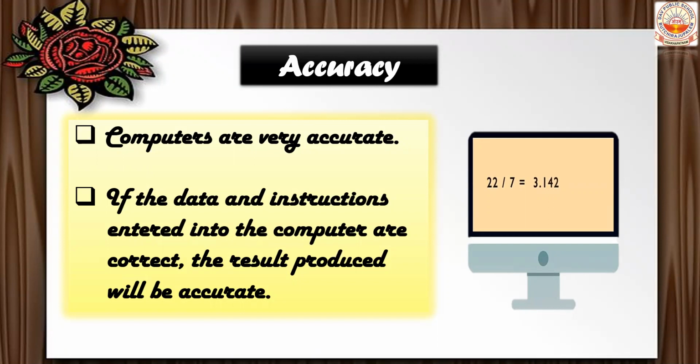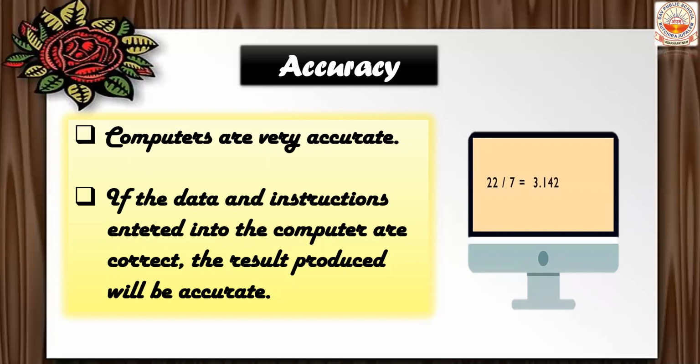So here the accuracy means the computer is always perfect in its work and never makes mistakes. That means whatever work is given to a computer, it does without making any mistakes. If the data and instructions entered into the computer are correct, the result produced will be accurate. That means it will be correct without making any mistakes.